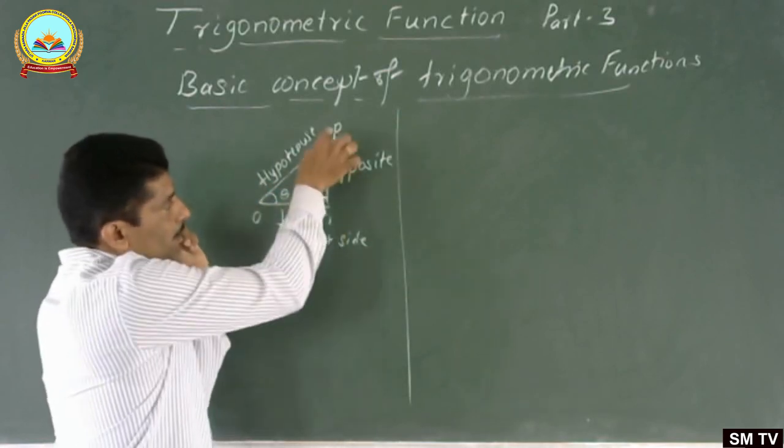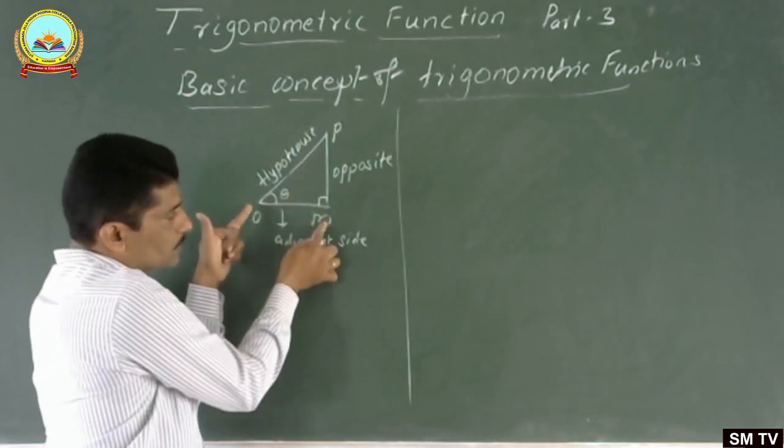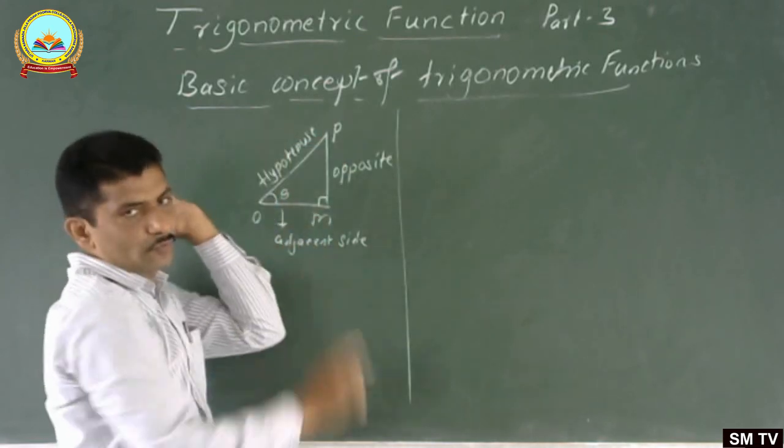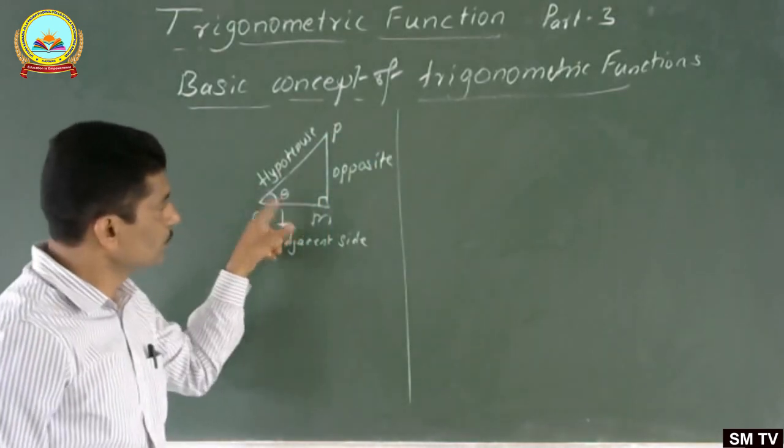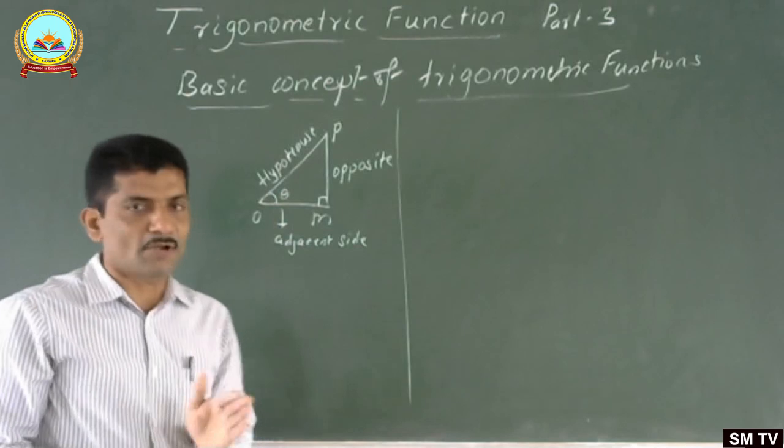Suppose theta is angle MPO, then opposite side is OM, adjacent side is OP. It's clear? With respect to theta, you write the 6 trigonometric ratios.